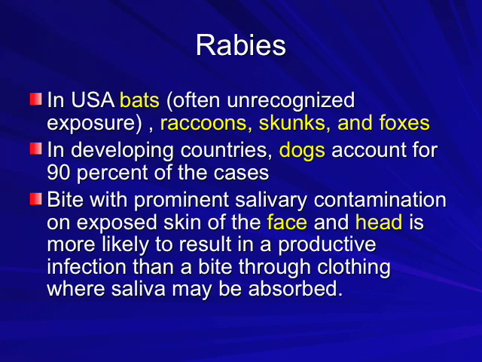In the United States, these are the more important animals: bats, raccoons, skunks, and foxes. Bats are important. The incidence of rabies secondary to bats has increased since 2005. What happens is that patients may often be in direct contact with bats, but they may not be aware of a bite or a minor scratch or anything like that.